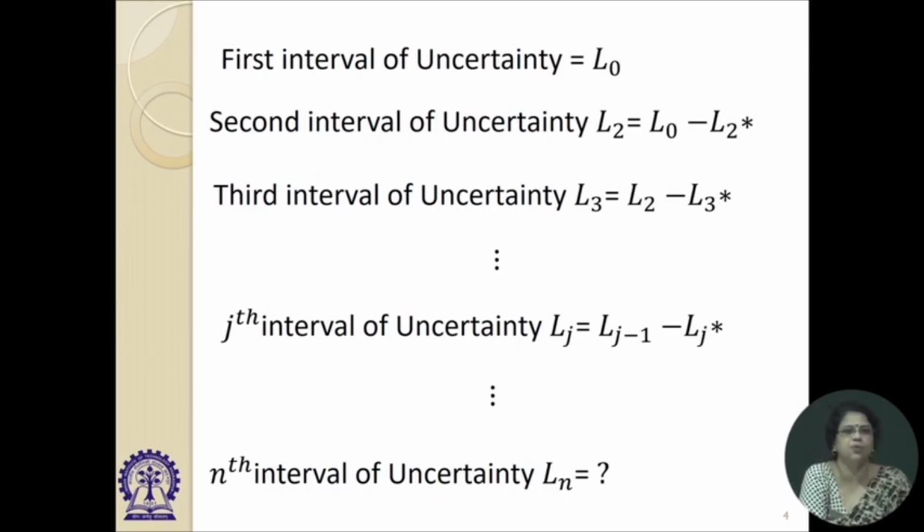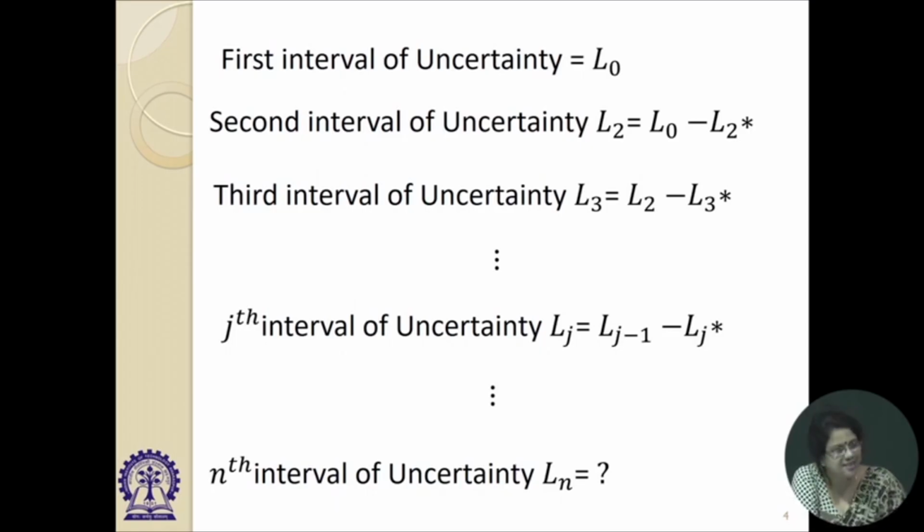If I ask you what should be the size of the nth interval of uncertainty, Ln, can you tell me? If you see the pattern, you will always get the nth interval of uncertainty as 1 by Fn, because we know F0 is equal to 1.